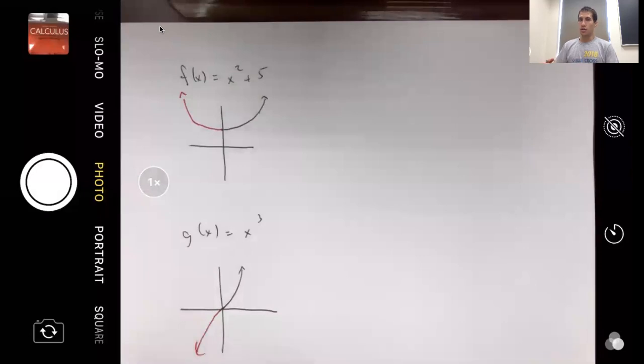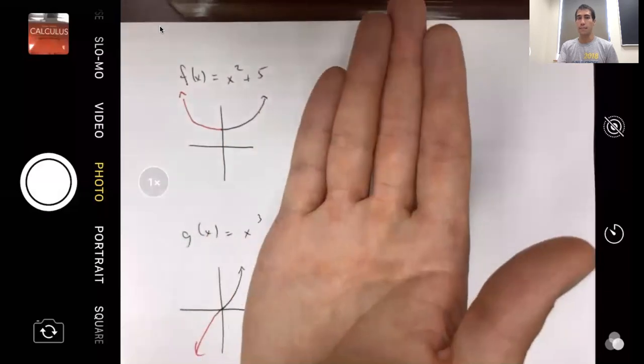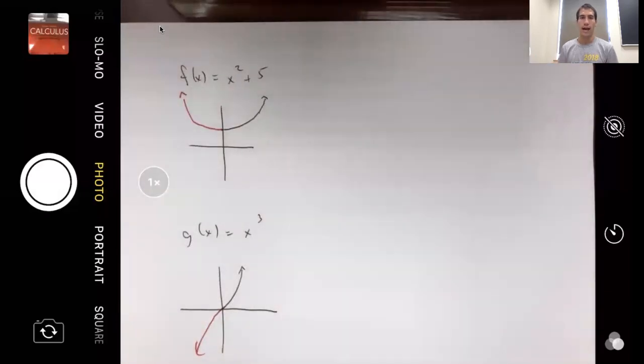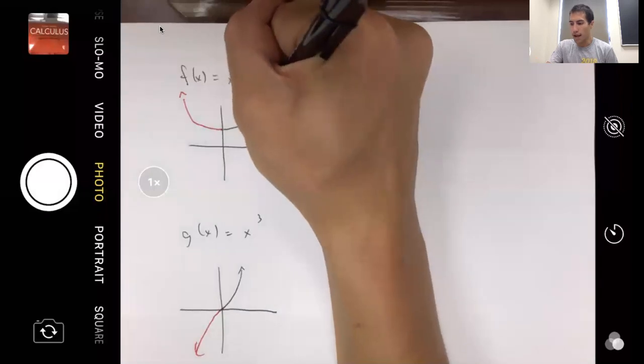It would be good to write down a rigorous way of understanding the symmetry, and we can do that. The way I can explain this symmetry mathematically, rather than just saying geometrically that I'm flipping this across the y-axis, is with a formula, or algebraically. What does it mean to flip across the y-axis?